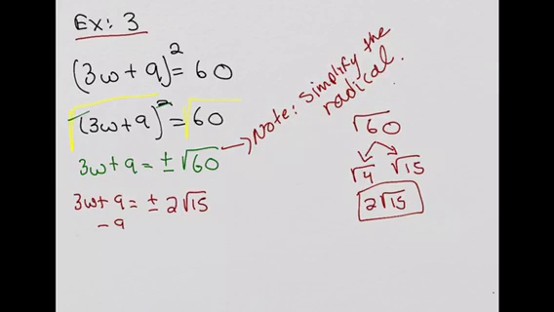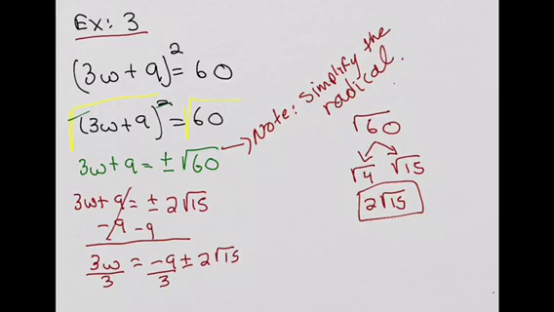Now I'm going to subtract the 9 from both sides. I am left with 3w equals negative 9 plus or minus 2 square root of 15. Then I need to divide by 3 because I need to isolate the w. Whatever I do to one side, I must do to everything.